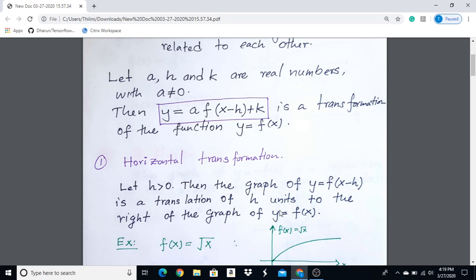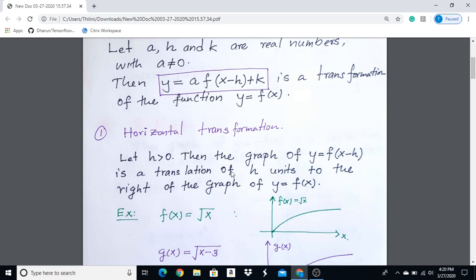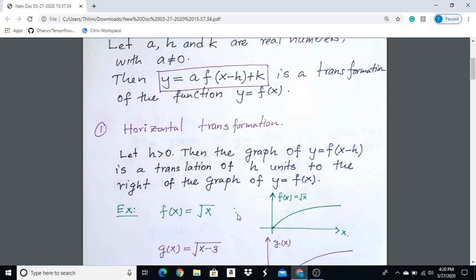The parent function is y equals f(x), and using this h value we change it to f of x minus h. It's like we are changing the argument we plug in, x minus h. This is called a transformation of h units to the right of the original graph. So we are moving the original graph to the right by h units.